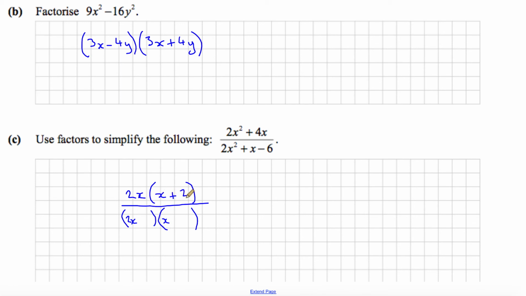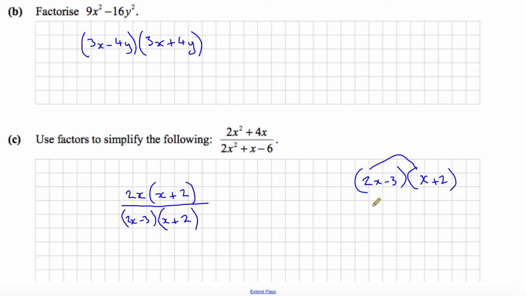So if I have x plus 2 on top, there's a good chance that this could be 2 here. So let's check that. If that's 2 there, what would I need to multiply 2 by to get negative 6? Well, that would be a minus 3. And you can just check that then over here: 2x minus 3 multiplied by x plus 2.